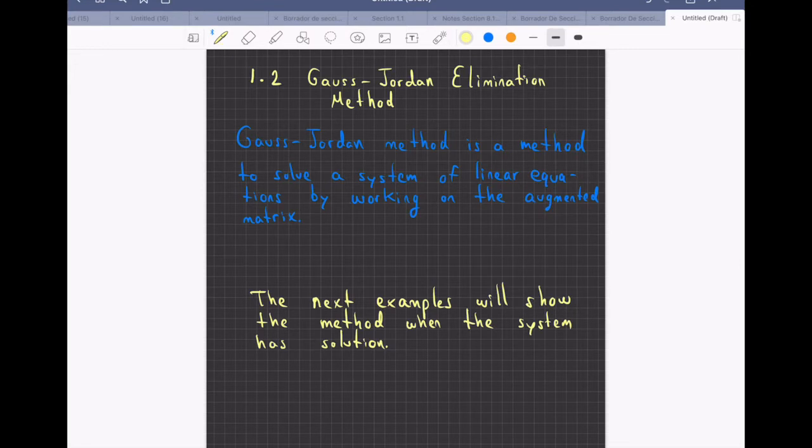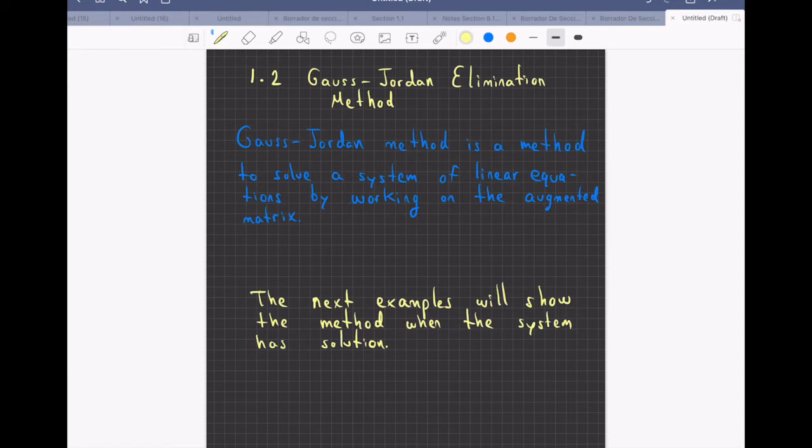The next examples I'm going to cover are when we have only one solution for the system of linear equations. So maybe you wonder, what's happening when we don't have solutions, or how can we know there are several solutions? Well, that's going to be covered in the next section.